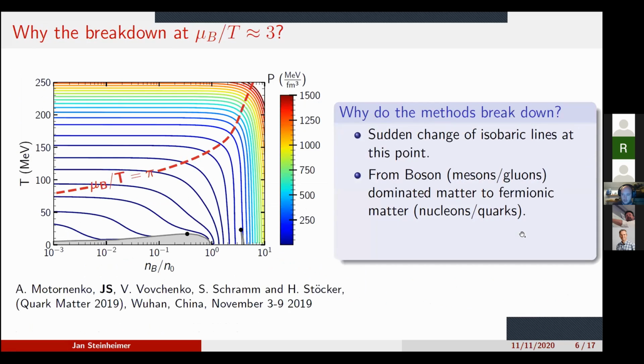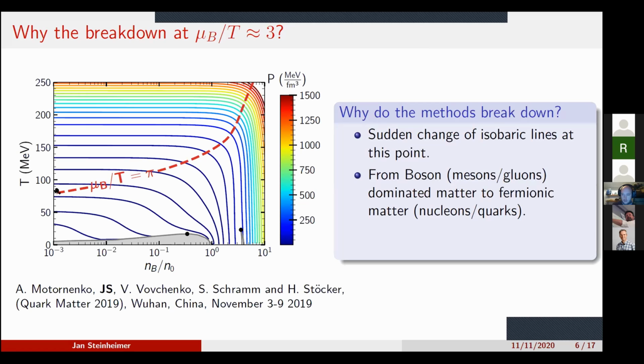Anyway, so the question is, why is there this breakdown at mu over T roughly 3 in all these things? And to understand this a little bit from the thermodynamic point, what I plotted here is again lines of constant pressure in the phases of T and rho from a model which I will explain next. But this is just a model which includes, let's say, baryons and mesons and quarks and gluons.